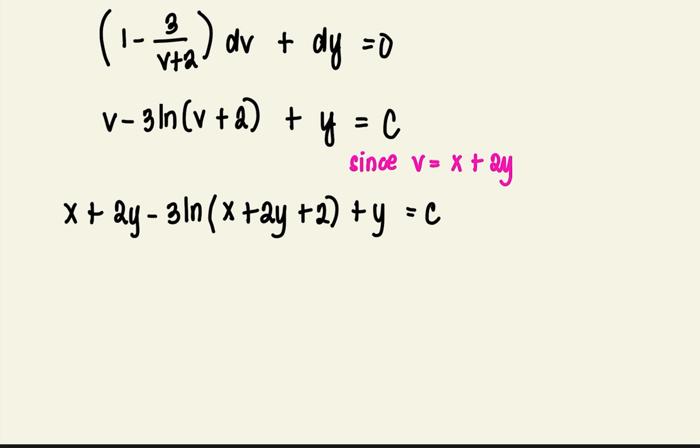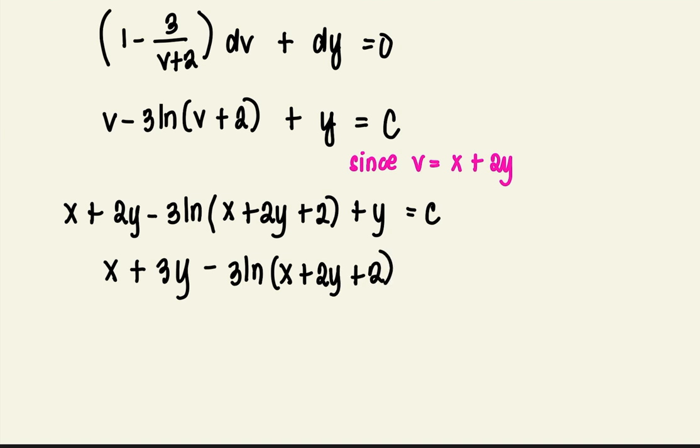Simplifying again, we have x plus 3y minus 3 ln of (x plus 2y plus 2) equals c. And that is our general solution for our differential equation by performing simple substitution.